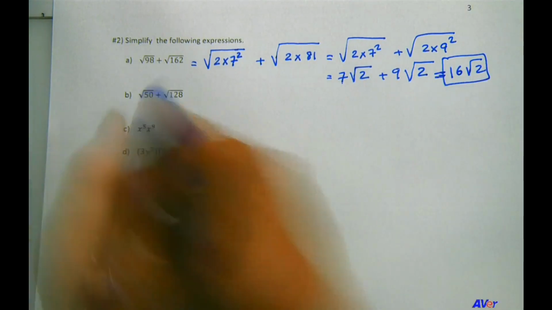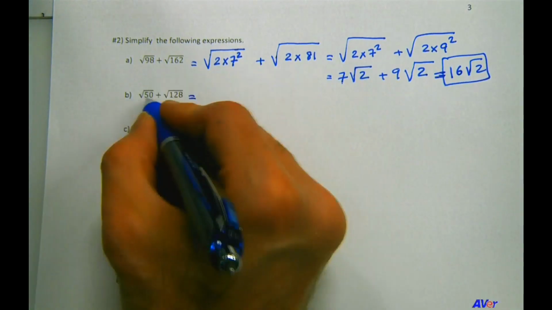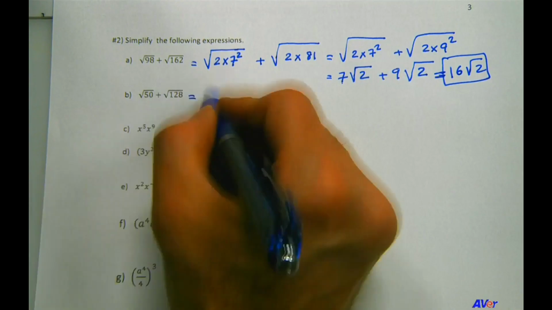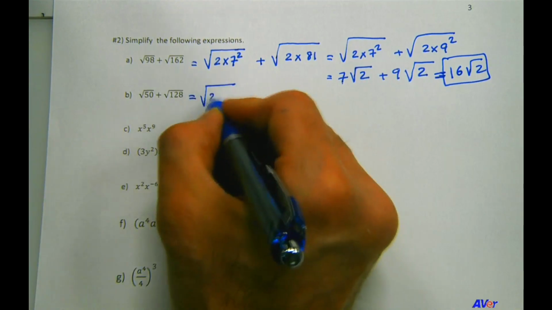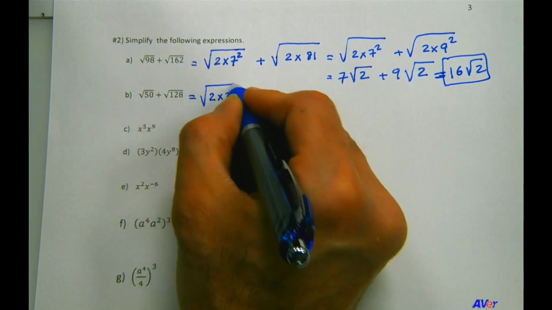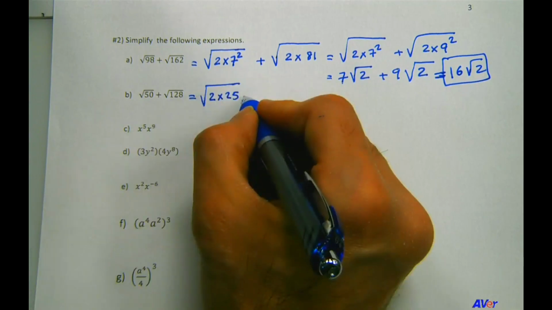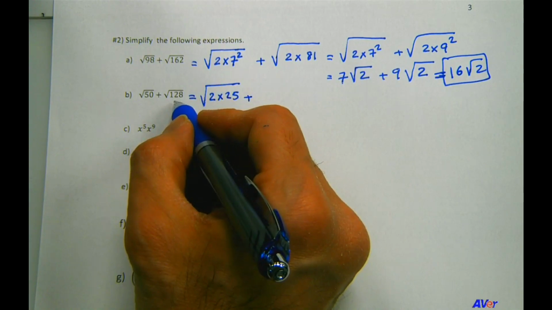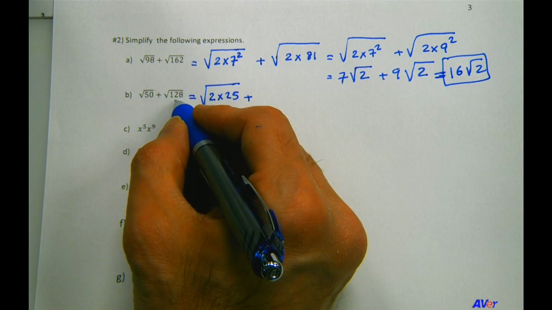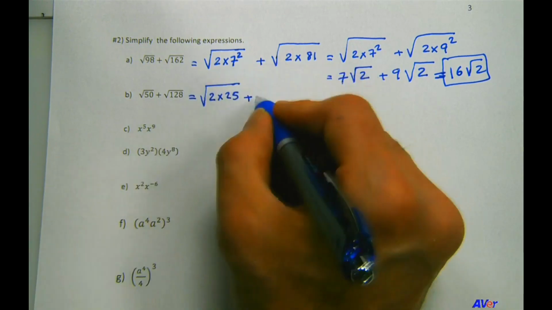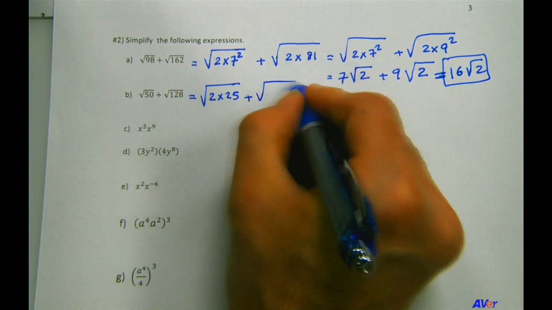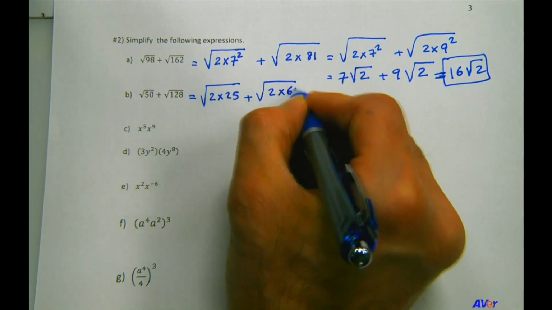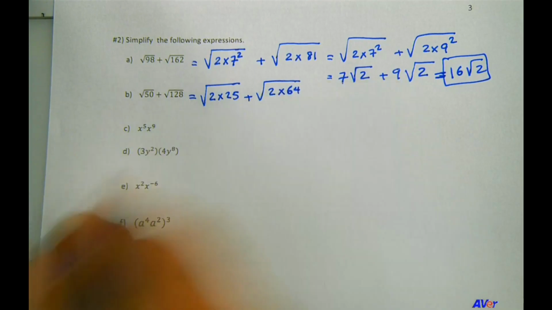Okay, this here, let's do the same thing. 50 is easy, right? We can rewrite it as 2 times 25. 128, let's see. We can write that in terms of, so 60, 64. So 2 times 64, right?